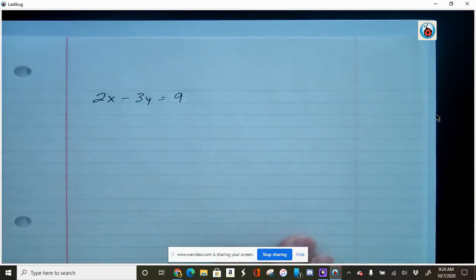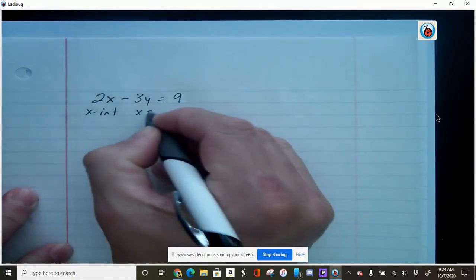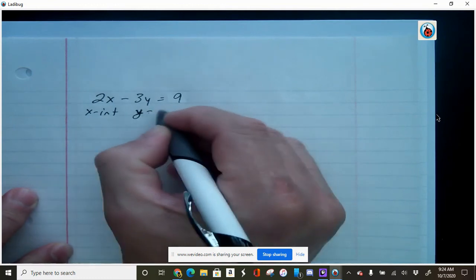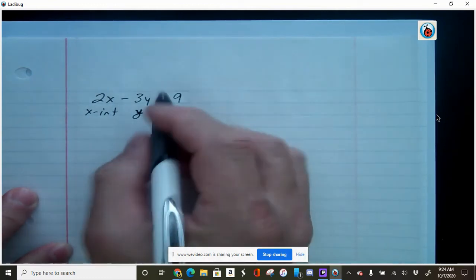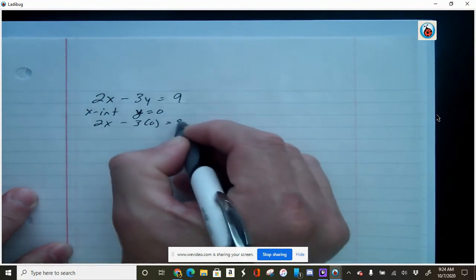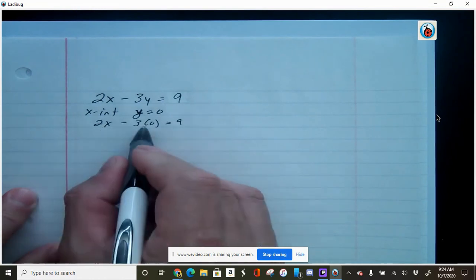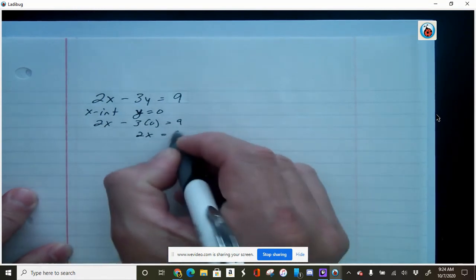All right, so if I try to find my x-intercept, remember we will replace the y with a 0, and we'll have this. We substitute, 2x minus 0 is still 2x, is equal to 9.